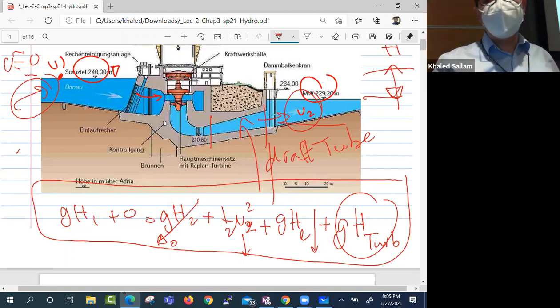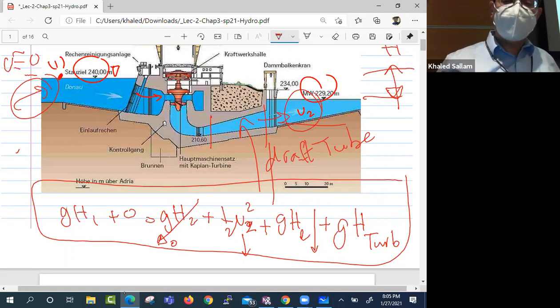What is making you uncomfortable as an engineer in this analysis? Is there anything that's wrong or confusing? If I were you, I would say, okay, I understand that you apply Bernoulli between 0.1 over here and 0.2 over here.